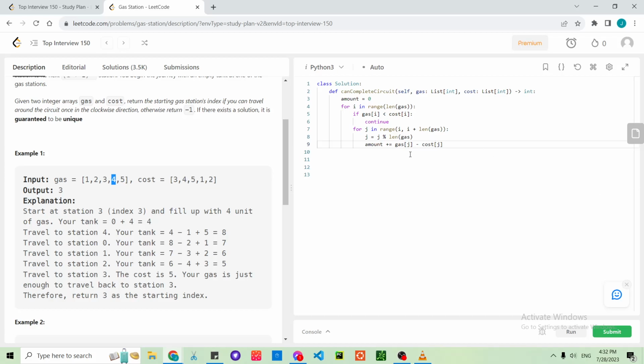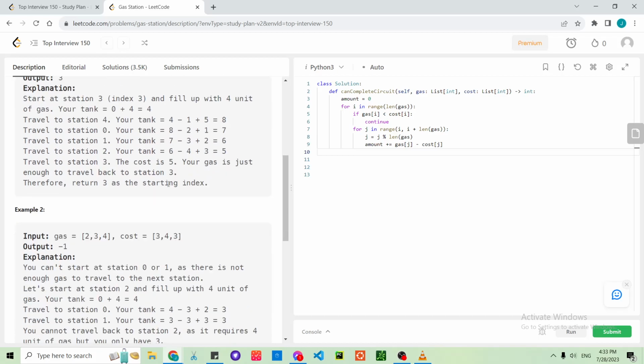Oh wait, I'm just thinking about something. See, if the sum of all the gas is smaller than the sum of the cost, then it will not be able to complete the circuit. Right?